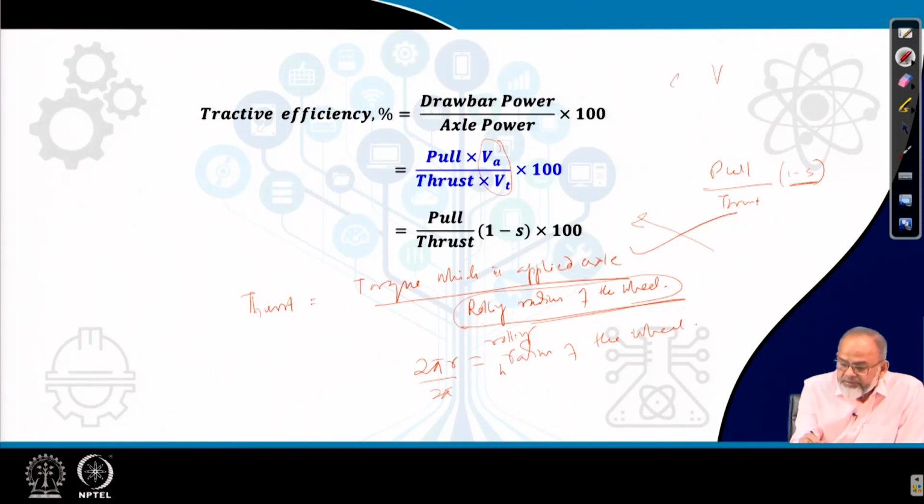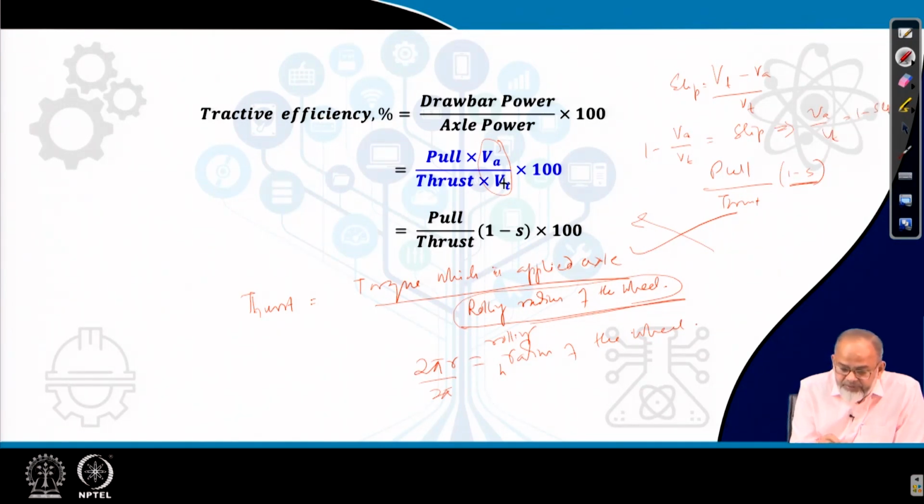We have calculated slip is equal to (Vt minus Va) by Vt. Now, for replacing Va by Vt, what I have done is: Va by Vt, 1 minus Va by Vt is equal to slip. So Va by Vt is equal to 1 minus slip.